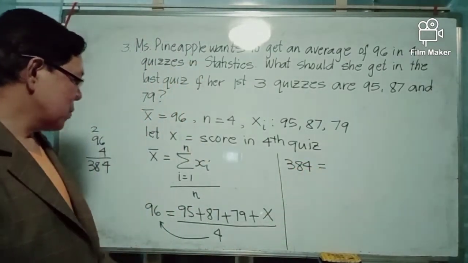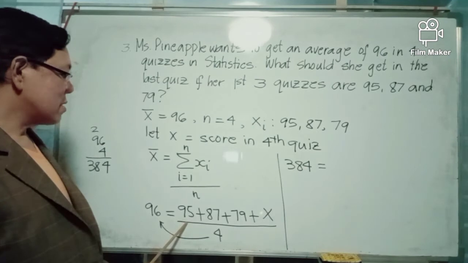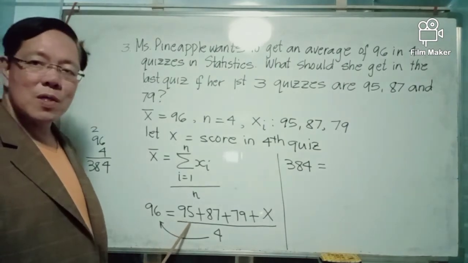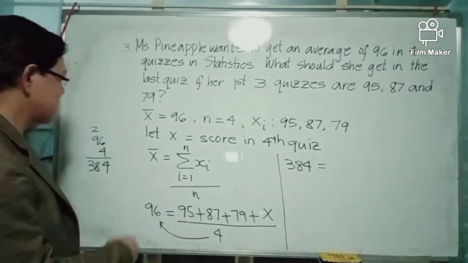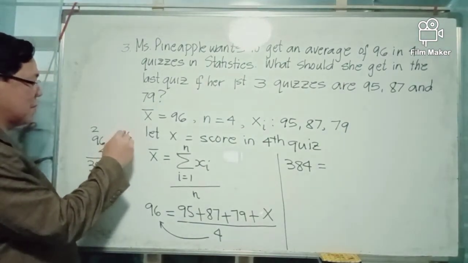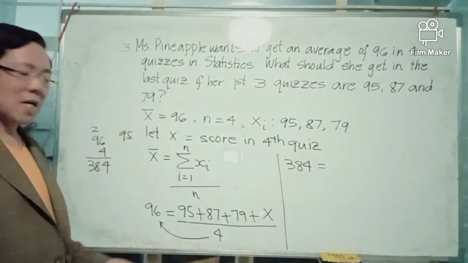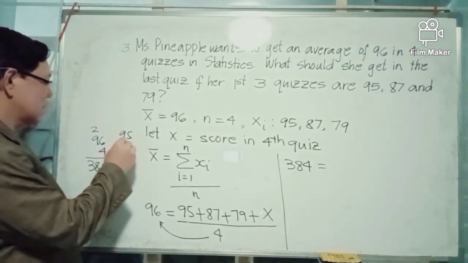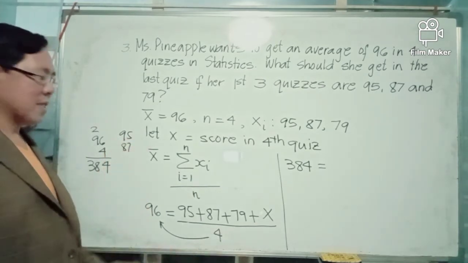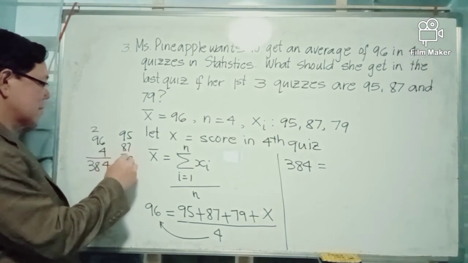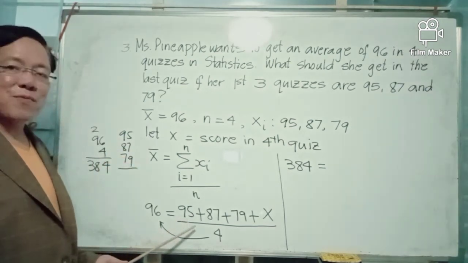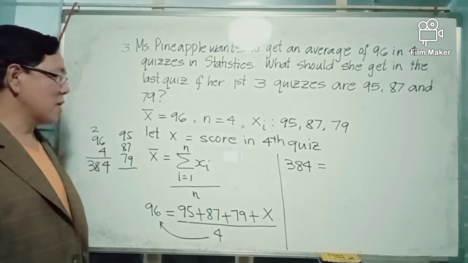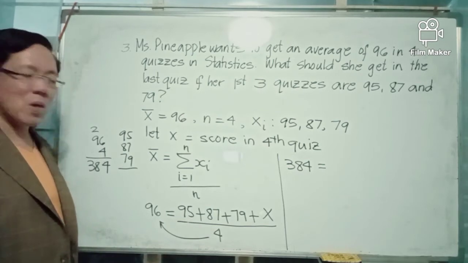Is equal to, we add the 3 scores, the first 3 quizzes of Miss Pineapple, 95 plus 87 plus 79. If you have a calculator, you can get the sum of these first 3 quizzes using your calculator, but I will do it manually.